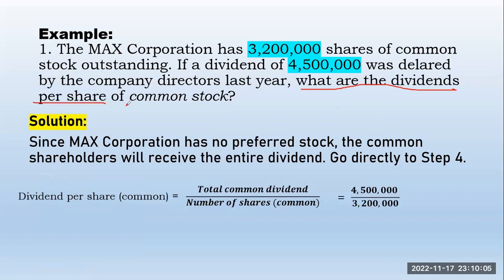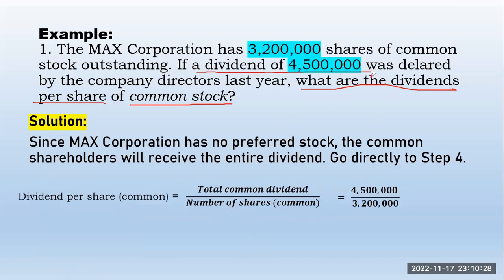Dividends per share for the common stock. So, ang gagamitin nating formula is the DPS for common. That is equal to the total common dividend divided by the number of shares. That's for the common. And the total common dividend, okay, so sabi dyan, a dividend of 4 million.